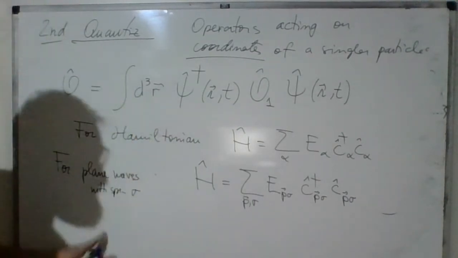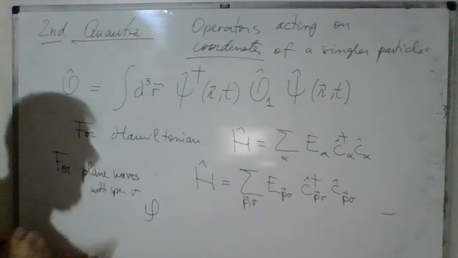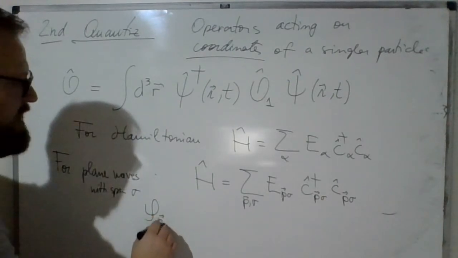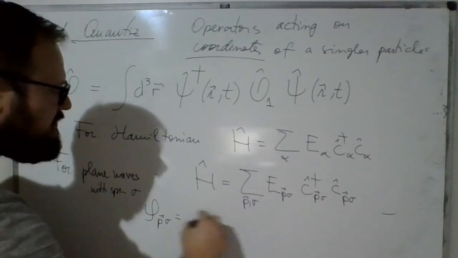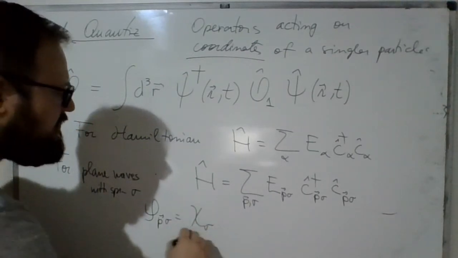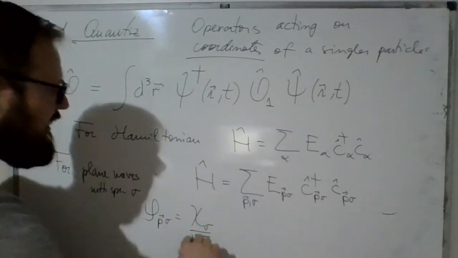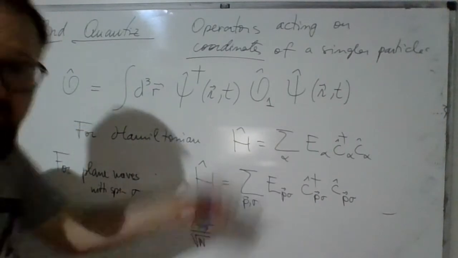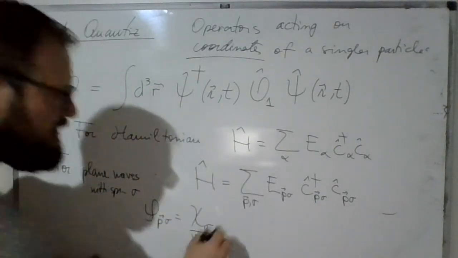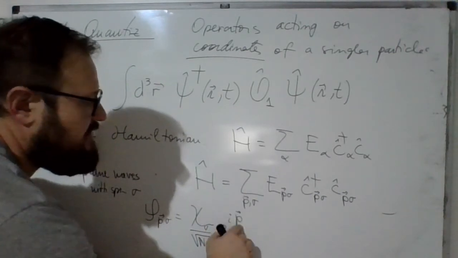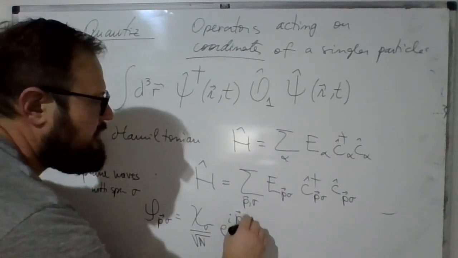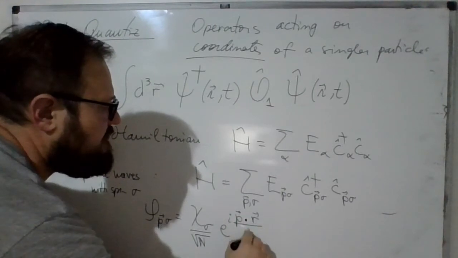So in the discrete case, your functions for momentum and spin would be a spinor divided by the square root of n, as we discussed in the previous lecture, times exponential of i, a given momentum, times position divided by h bar.